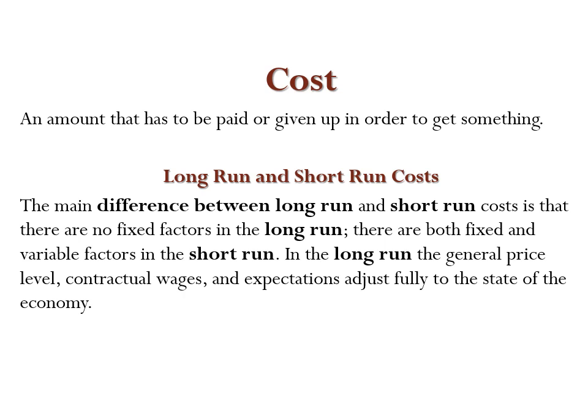Now, from the point of view of a firm, of a business, we have the long run and a short run. So what's the difference between a long run cost and a short run cost? The main difference is that there are no fixed factors in the long run. We have both fixed and variable factors in the short run. In the long run, general price level, wages, expectations can adjust to the state of the economy, but in the short run, we don't have that.